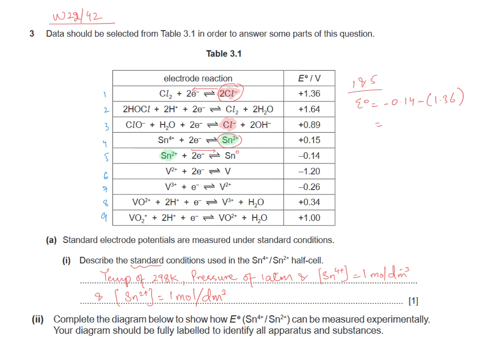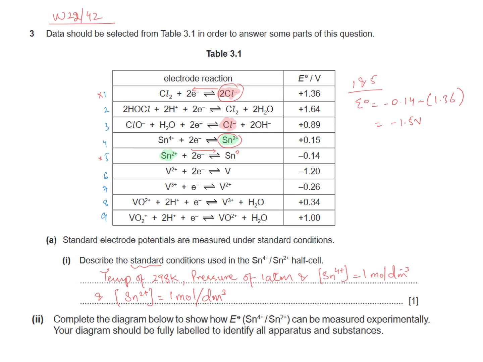If I plug this into the calculator, it gives me minus 1.5 volts. So 1 and 5 can't be feasible, right? Why? Because it's giving me a negative E naught.